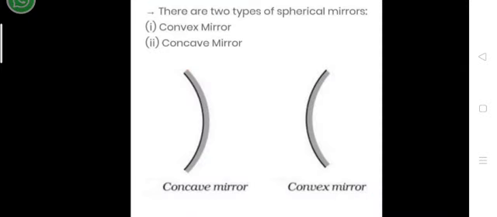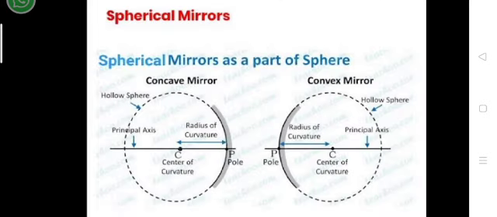There are generally two types of spherical mirrors. The first one is convex, the other one is concave. So what is the concave mirror? The concave mirror is polished at the back side. If we look at the back side diagram, this is a concave mirror.